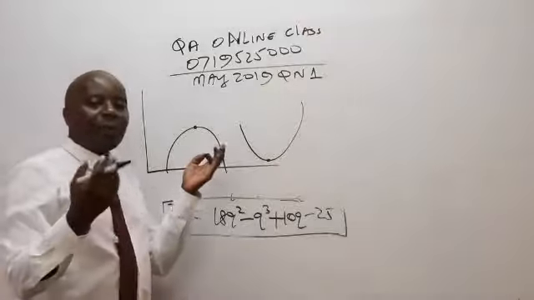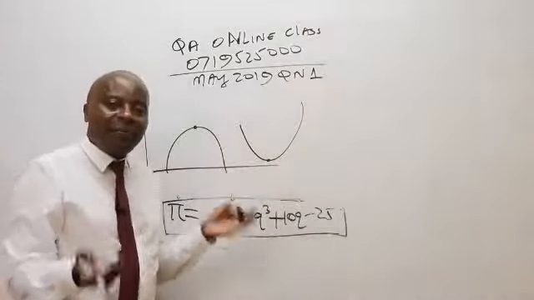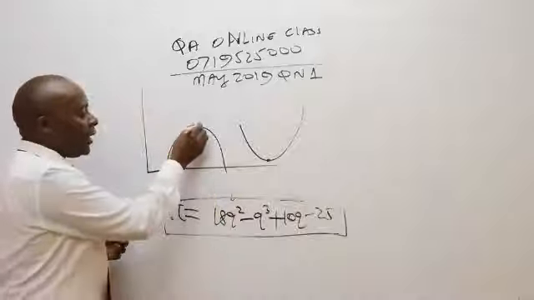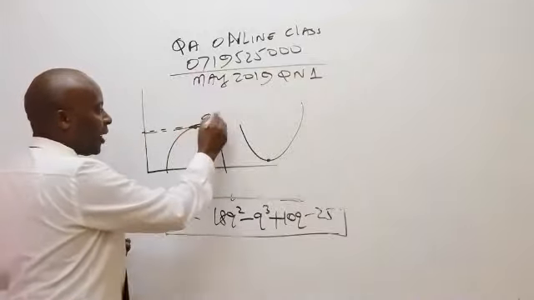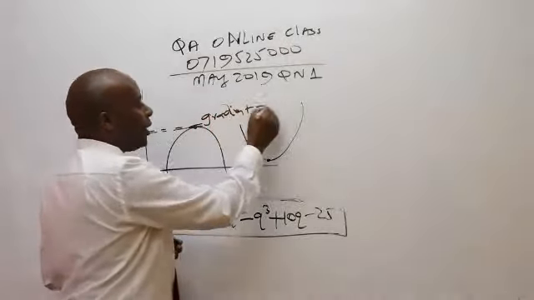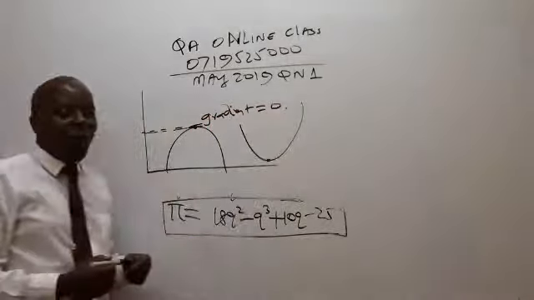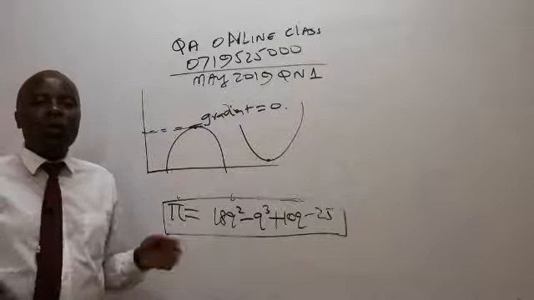And the most important thing you're supposed to know about turning points is that their gradient, if you put a tangent here, always equals what here? 0. Their gradient is always equal to 0.